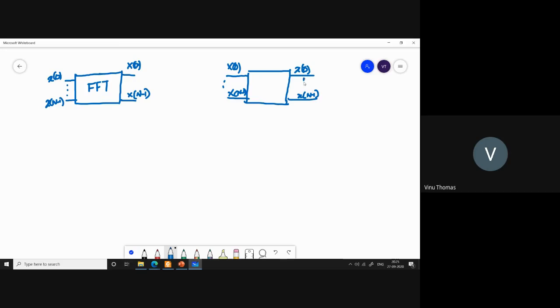I would like you to make a guess how this can be done. This should do what we will call the inverse fast Fourier transform algorithm.